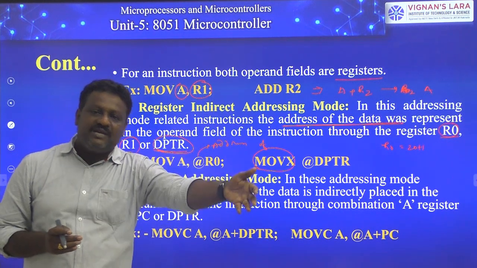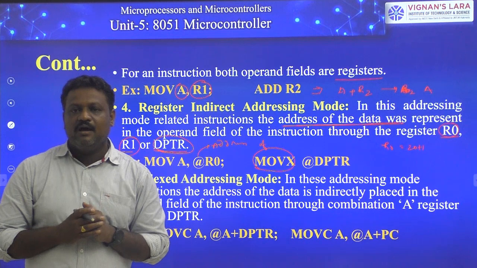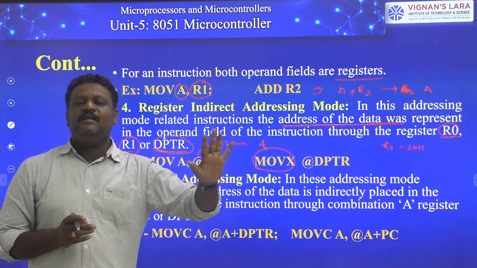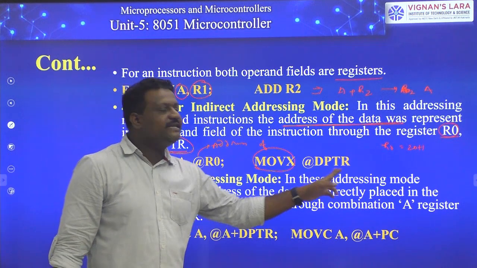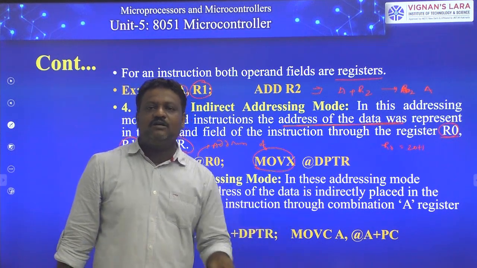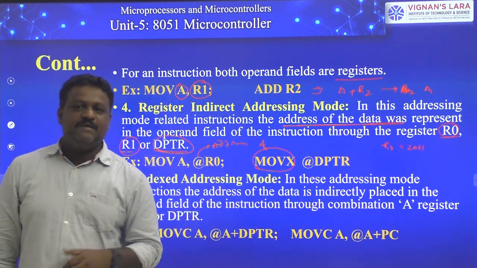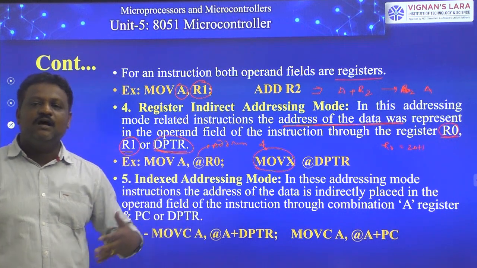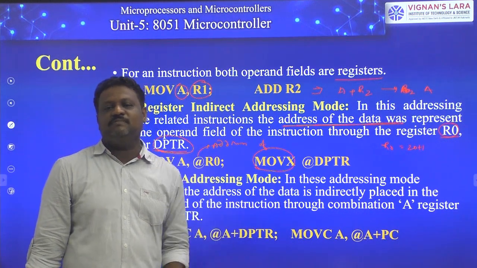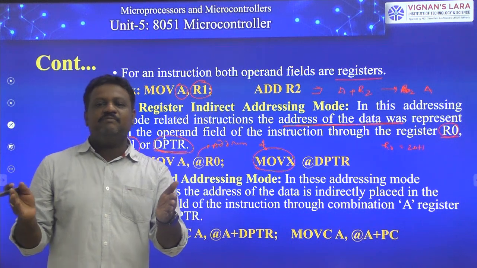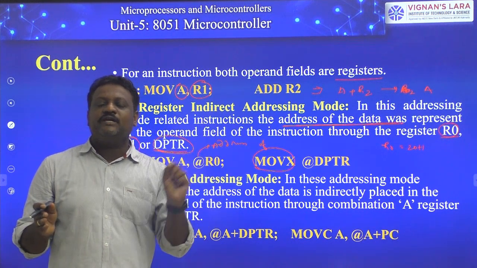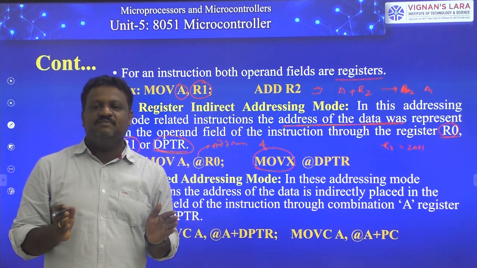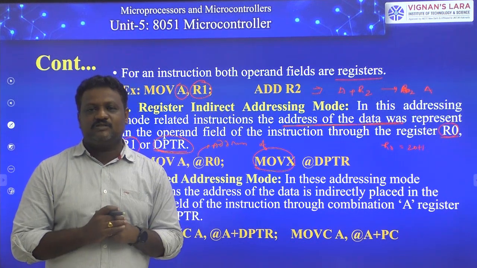Whenever I want to read something from any location of it, or transfer any data to any location of it, that location address is specified by a register called DPTR. DPTR means data pointer register, whose size is 16 bits, and your external data memory size is 64 kilobytes. In order to address any location of that 64 kilobytes of memory, I need a 16-bit address.